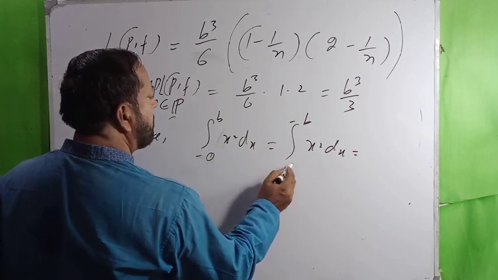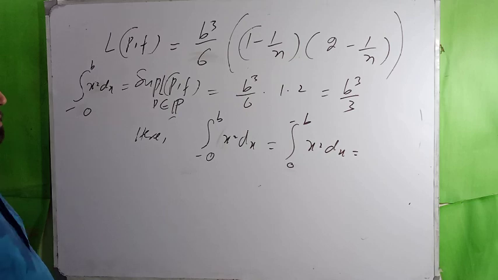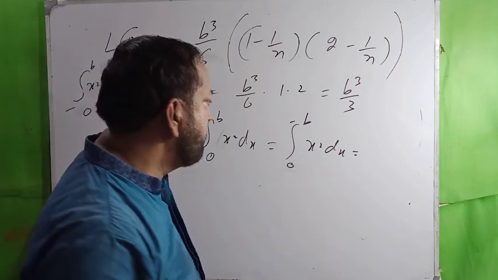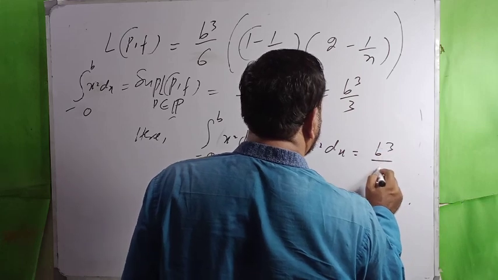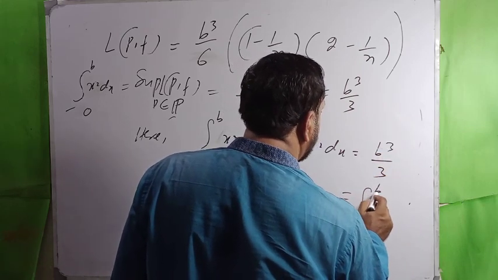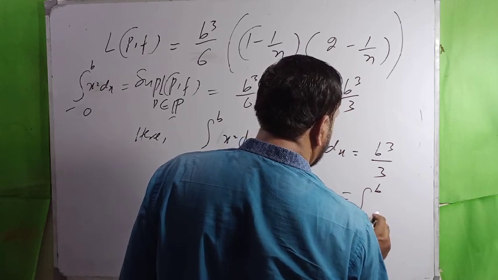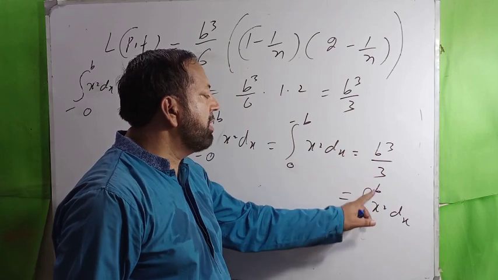You are taking from 0 to b. We are discussing from 0 to b, which is equal to b cube by 3, which is in fact the integral from 0 to b of x square dx. Yes, this is x cube by 3 and b cube by 3.